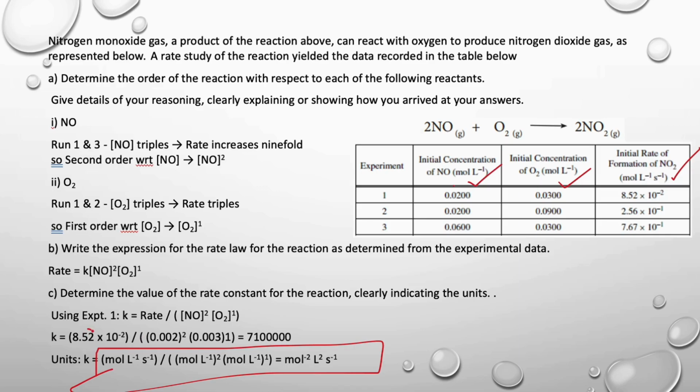Notice how in 8.52 times 10 to the power of -2, this was the unit. So I wrote that over here, and this slash means divide. For NO, it was moles per liter, and for oxygen it is also moles per liter. So I simply put them over here. I canceled out the ones that I could cancel out, and if they were multiplying, I wrote a -2 for that.